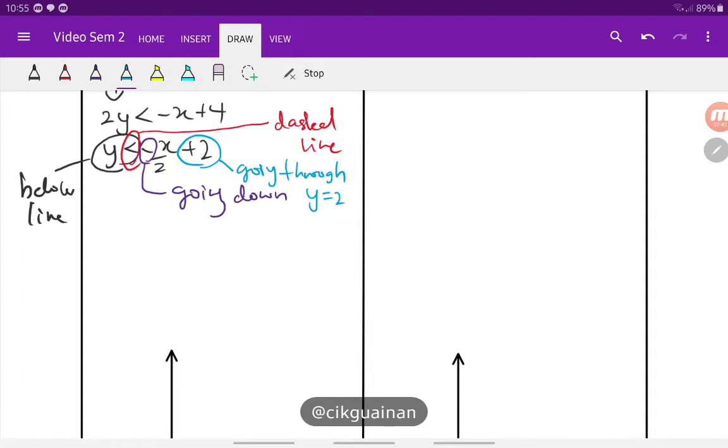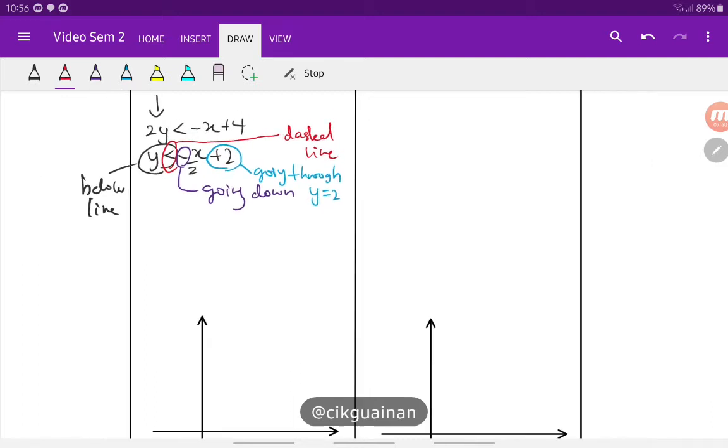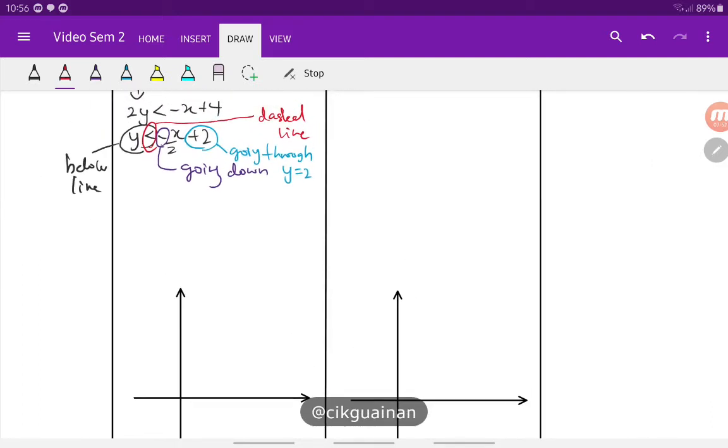So if we have all this information, maybe I zoom it out. This is x and this is y, and then we have a dashed line going down through y equals 2. It's supposed to be something like this, and this is 2.